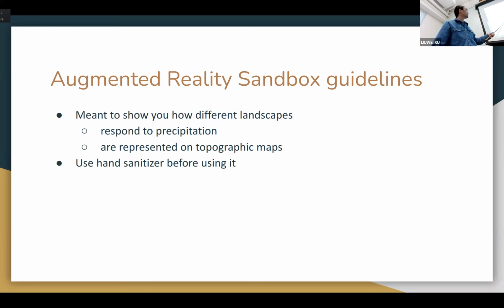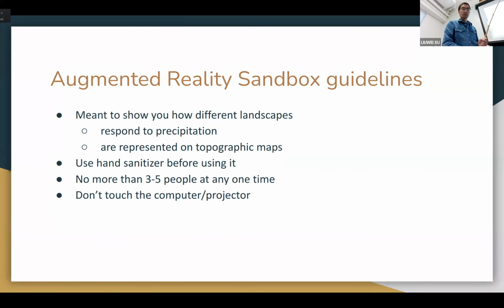Remember, before you use that, you need to clean your hands. And I would suggest you form groups of 3 to 5 people and come to this sandbox to operate it and answer the questions. For the projector above, don't touch that.